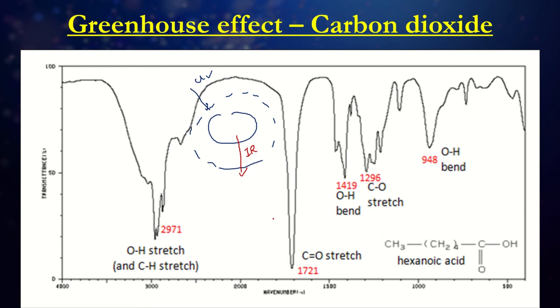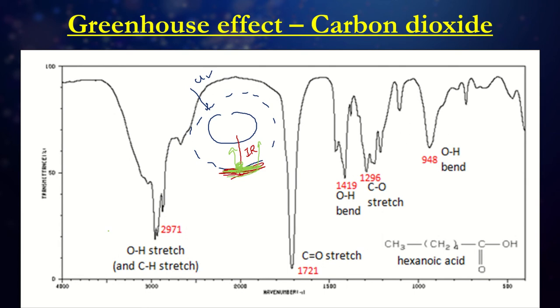Now, if we have greenhouse gases, they will absorb a specific range of that infrared. They absorb that infrared and project it back onto Earth. So that's how the greenhouse effect works.